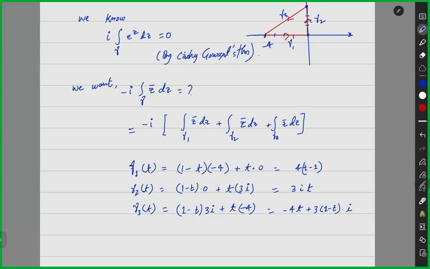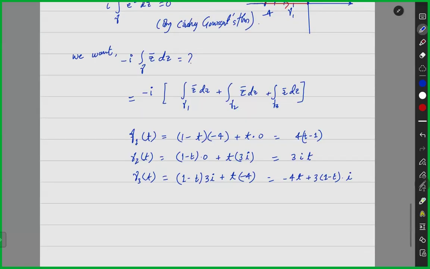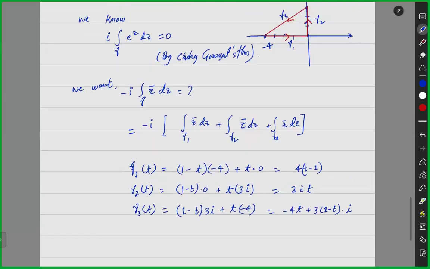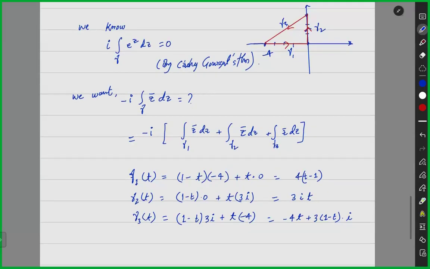Now we have all these three curves. Do you understand how I'm writing gamma 1, gamma 2, gamma 3? I hope you understand this.